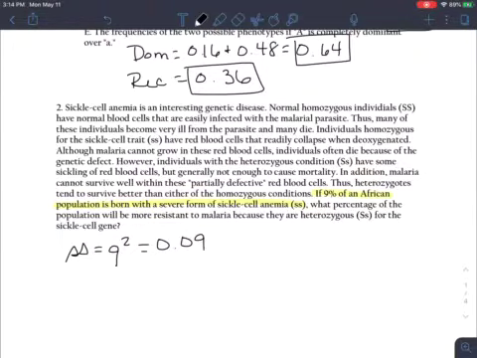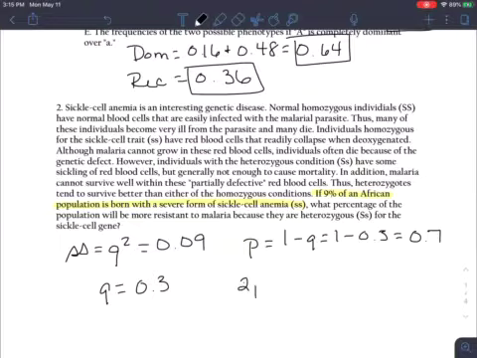Okay, so q is then going to be, I take the square root of that, 0.3. p is going to equal 1 minus q, which is 1 minus 0.3, which is going to be 0.7.